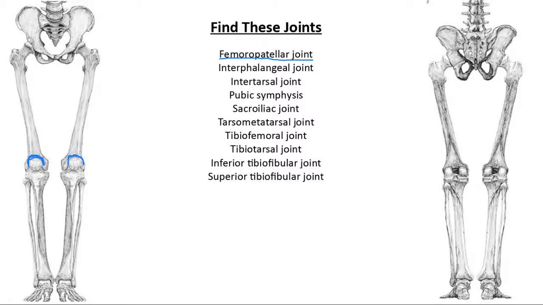Hey, while we're at it, let's find another joint in the knee. So here I'm going to draw another joint for us here. I'm drawing it in red. Can anyone tell what joint I am highlighting here in red? What joint did I find here? It's between this bone and that T-bone down there.